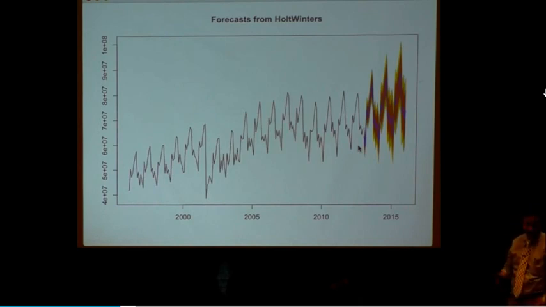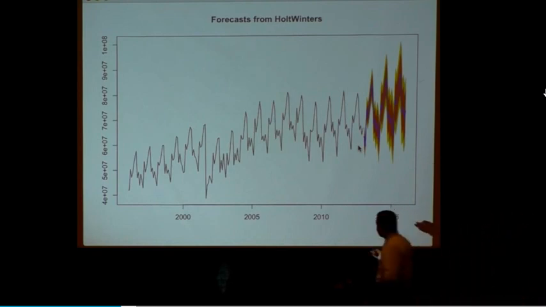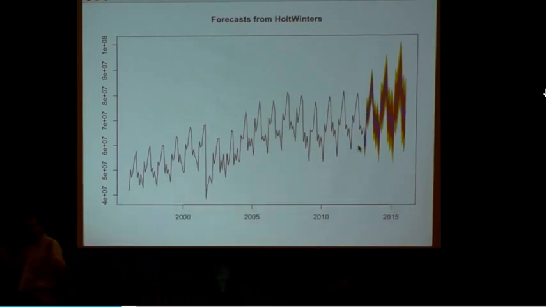The yellow ones are the 95% confidence interval. So 80% and 95% confidence intervals. This is the forecasted value. So it gives the range where it can be.